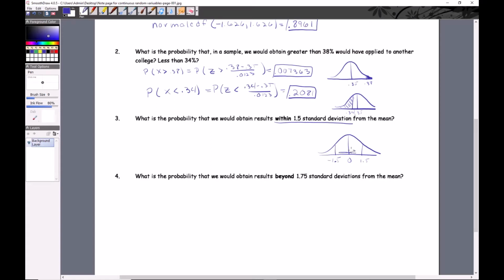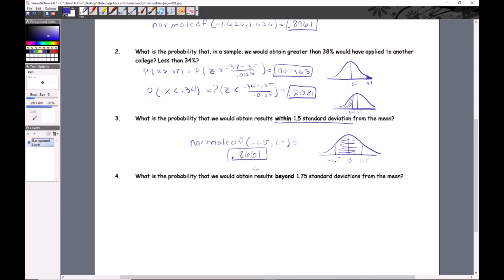And we're just looking for the values in between. And that's quite simply just going to be normal CDF from negative 1.5 to positive 1.5, right? No standardizing required. It's already in a z-score. And again, it's your central value, so that'll be 0.8661. So it's quite a bit of the curve.